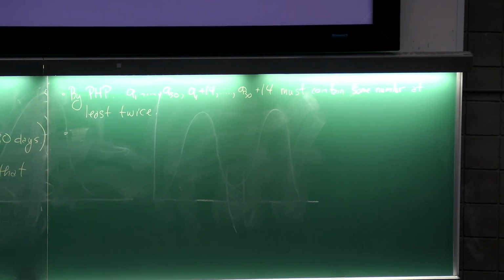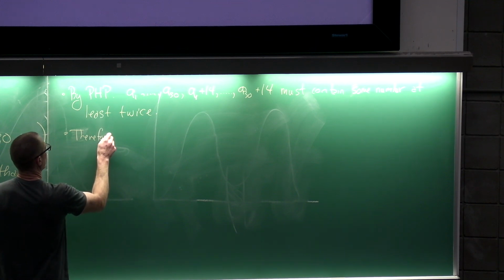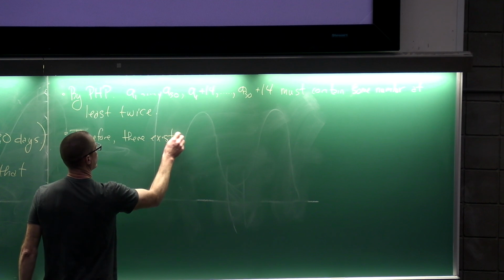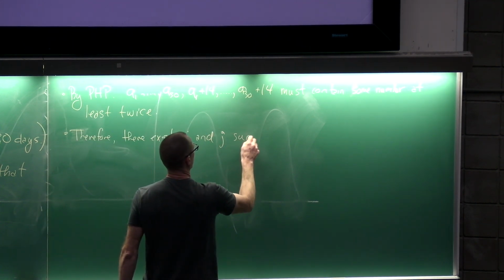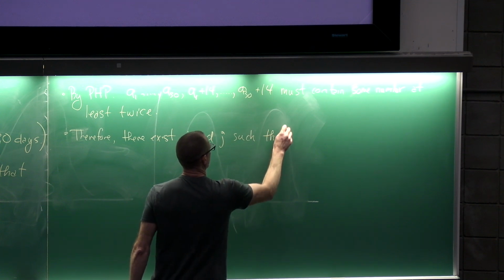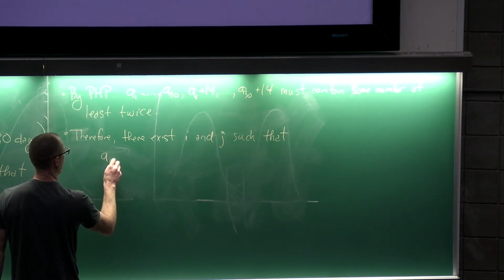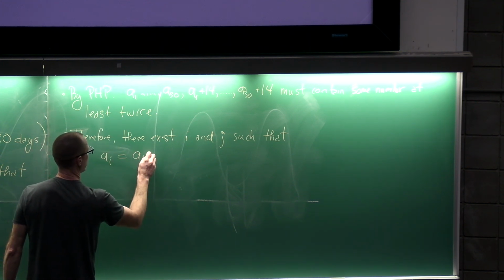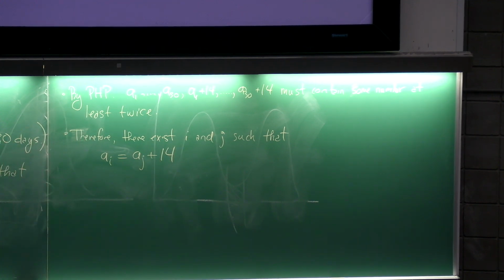So that means, therefore, there exists i and j such that A_i is equal to A_j plus 14. That's the only thing that can happen, right?